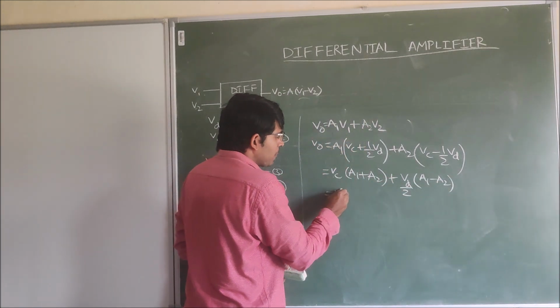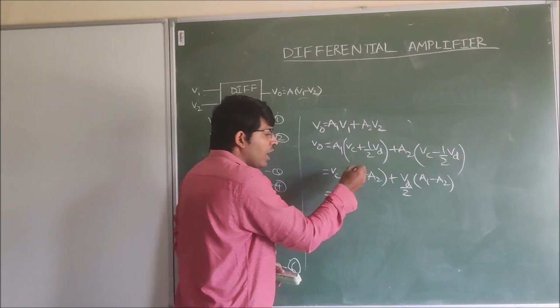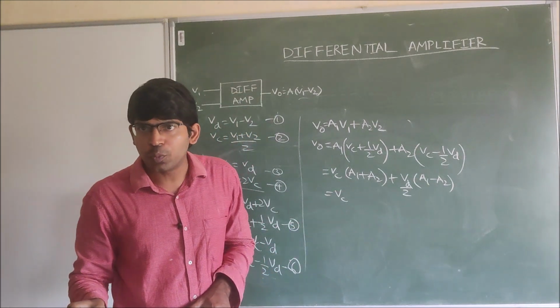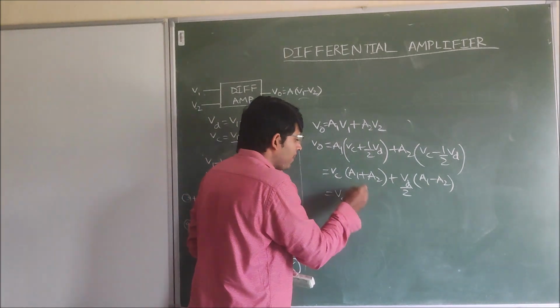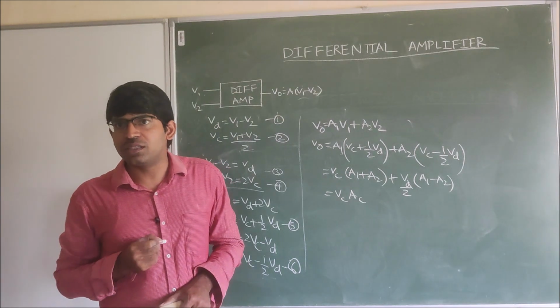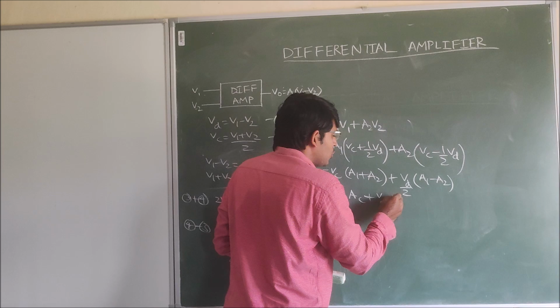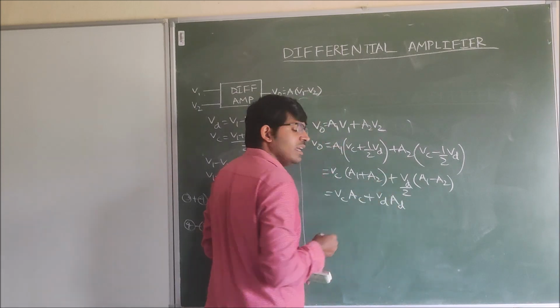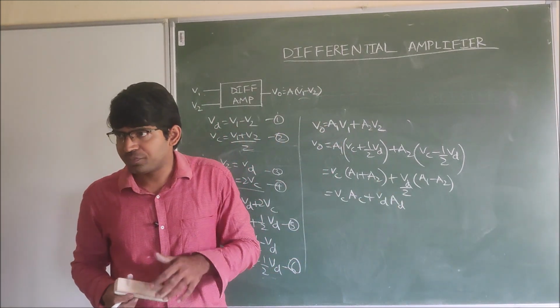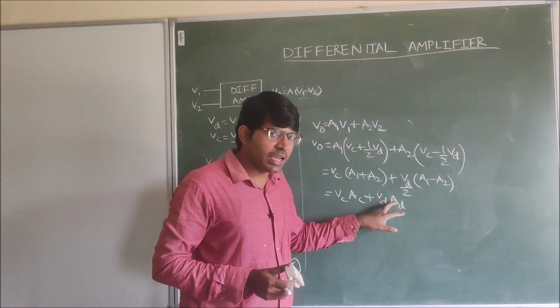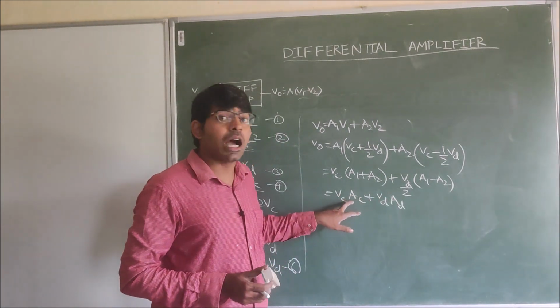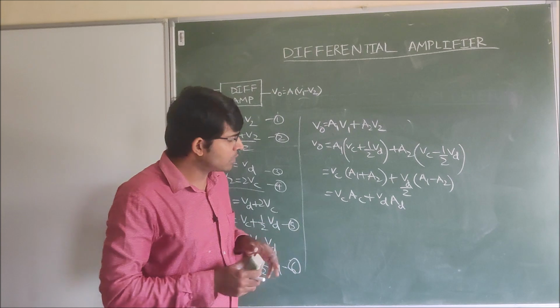Now I am calling A1 plus A2 as AC for my convenience, and A1 minus A2 by 2 as AD for my convenience. So this is the differential gain, and this is the common mode gain.